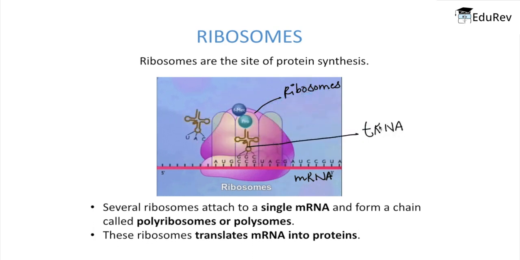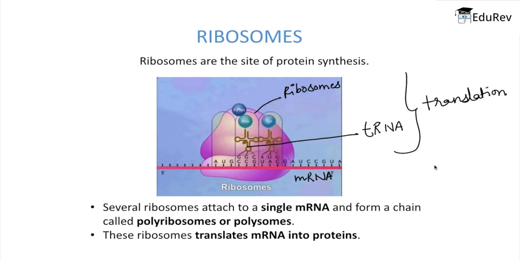These three components together help in the formation of proteins from this strand of mRNA. This whole process of formation of proteins from mRNA in the presence of ribosomes is called translation.